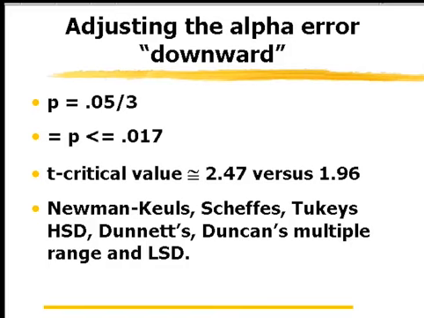There are a number of different types of post hoc comparison methods. I'll tell you right now that you are not going to have to know anything about these different types of comparisons, other than the fact that the author should use one.